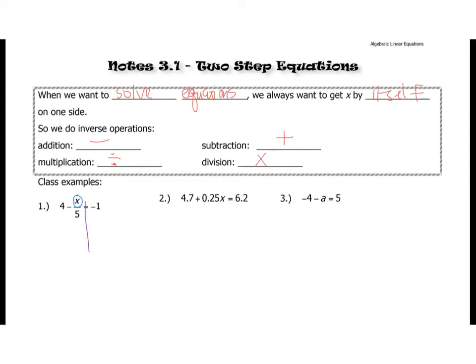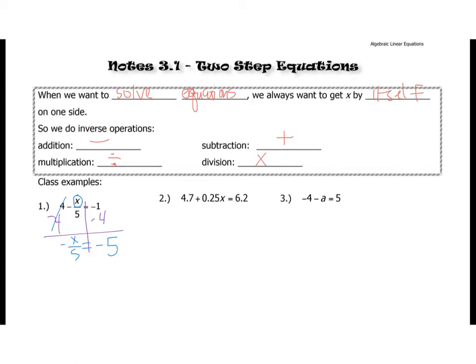So the -1 is by itself on the right side, so I can't move the -1. You don't want it to where there's nothing left on one side. So I'm going to have to move this 4 because the 5 is attached to the x. So I'm going to subtract 4 from each side. And now I have -x over 5 equals -5.